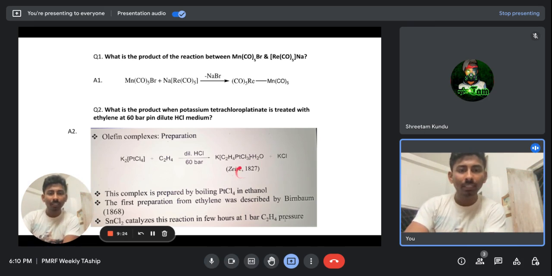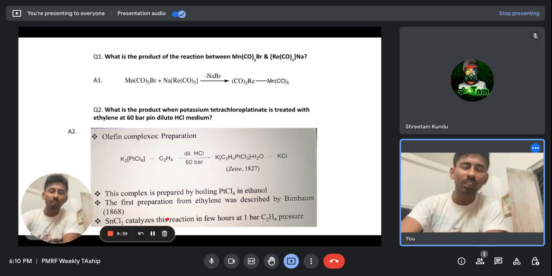Zeise actually prepared this in 1827, and after 40 to 50 years, this compound was again prepared from ethylene and described by Birnbaum in 1868.